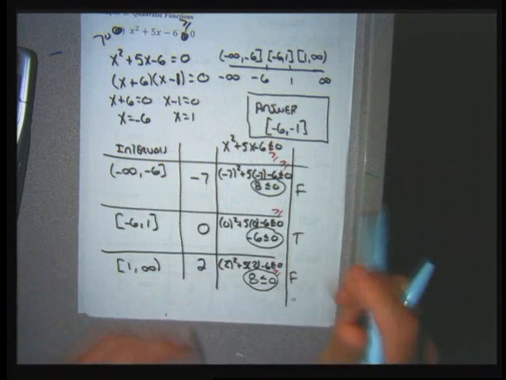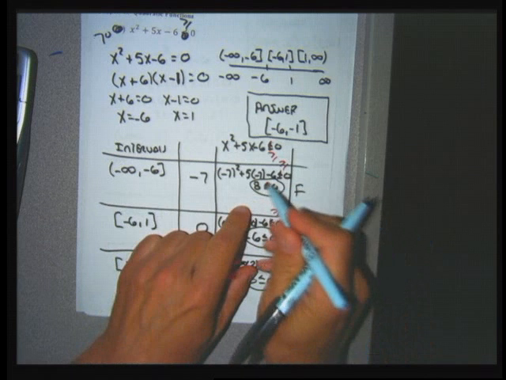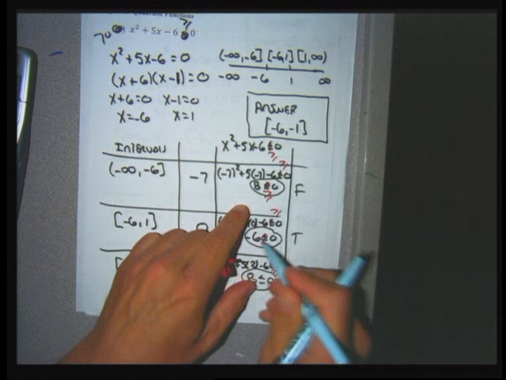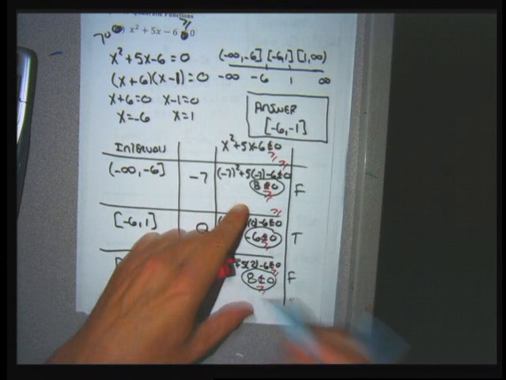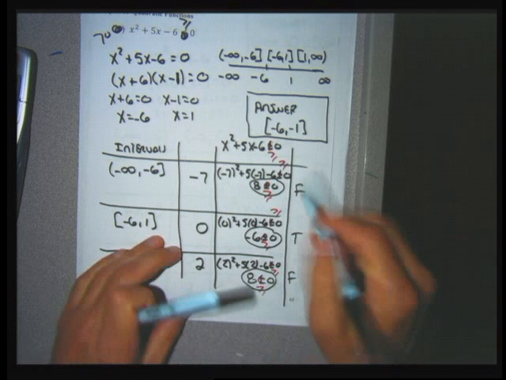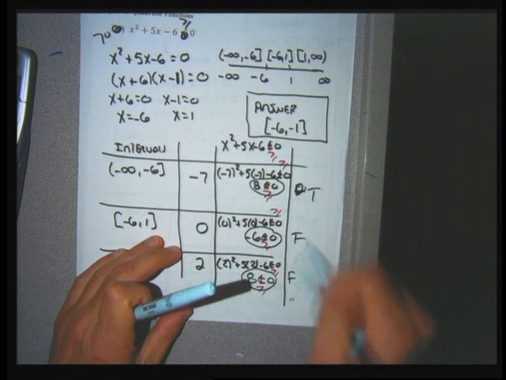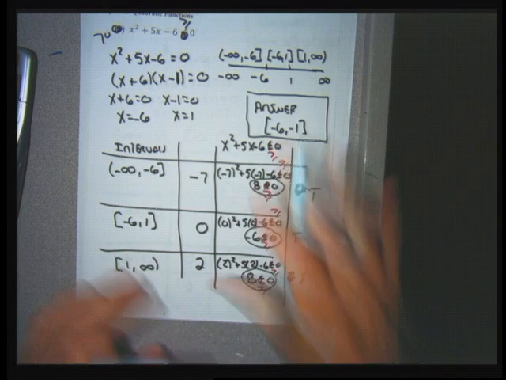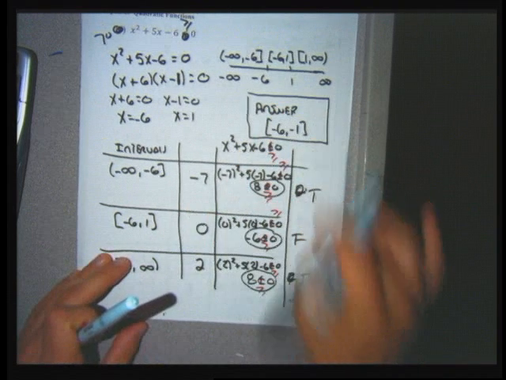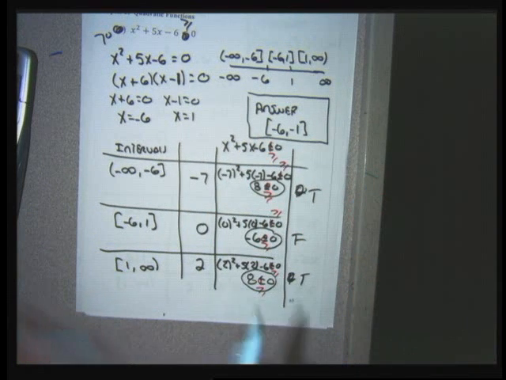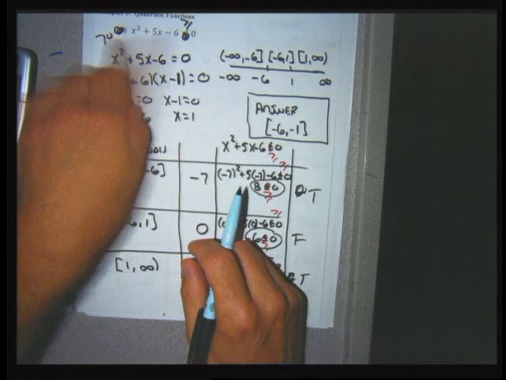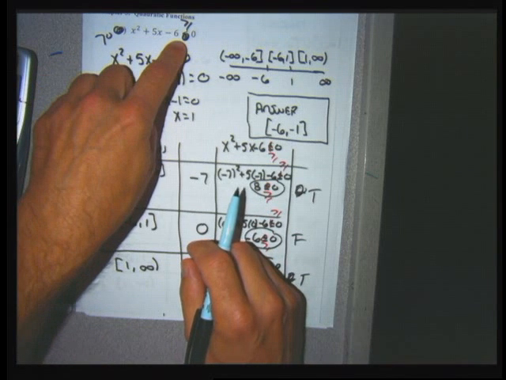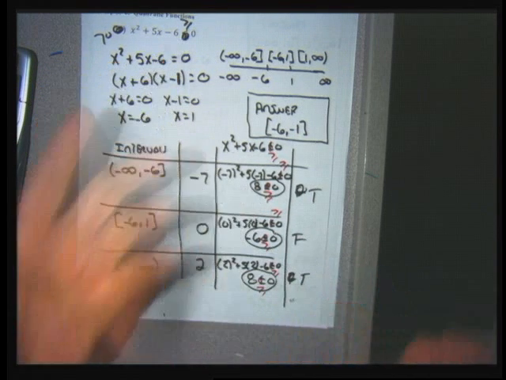The only difference is the comparison that I'm doing, instead of having a less than or equal to, has a greater than or equal to. And what that does is it changes false to trues and trues to false. Because in the problem that I just scratched out, I wanted numbers smaller than 0. Here I want numbers bigger than 0.